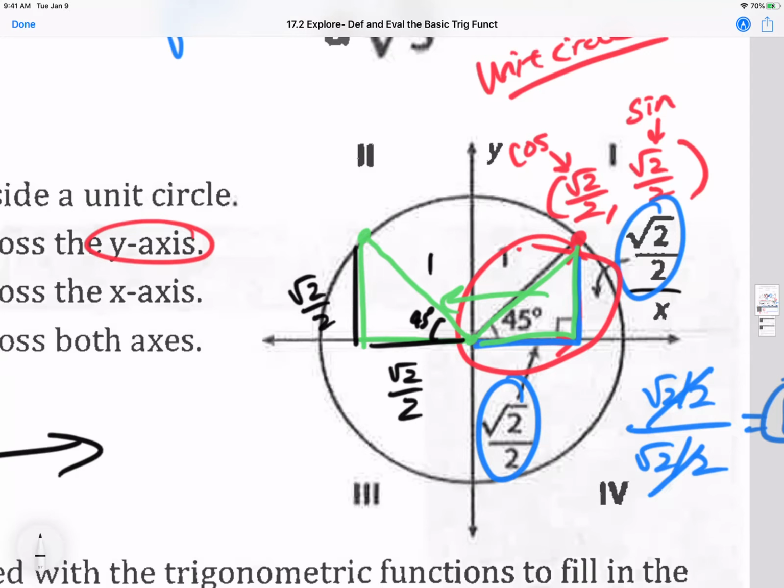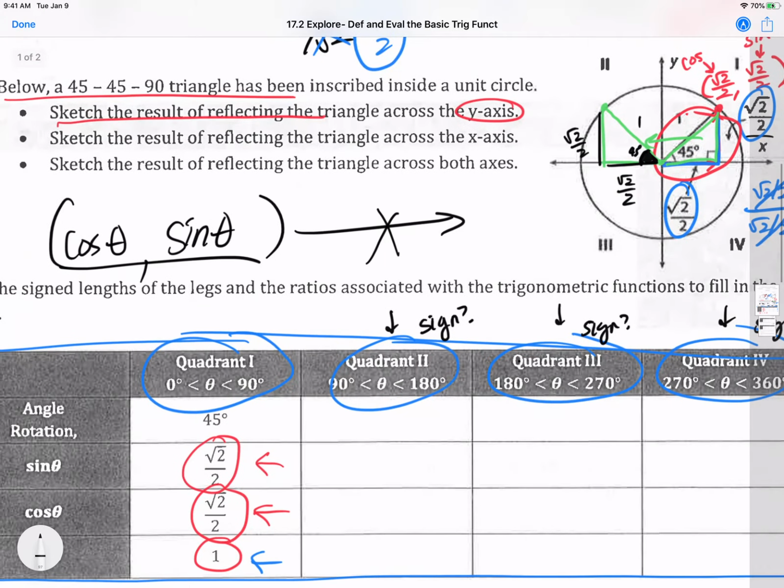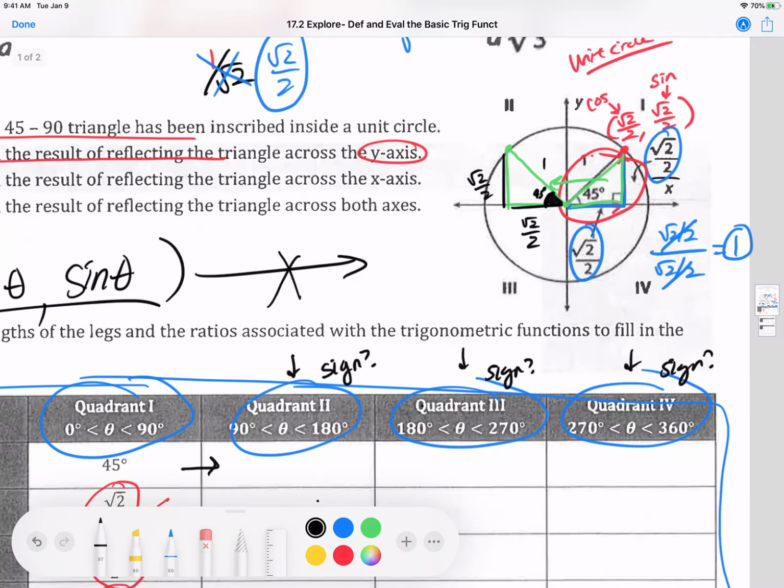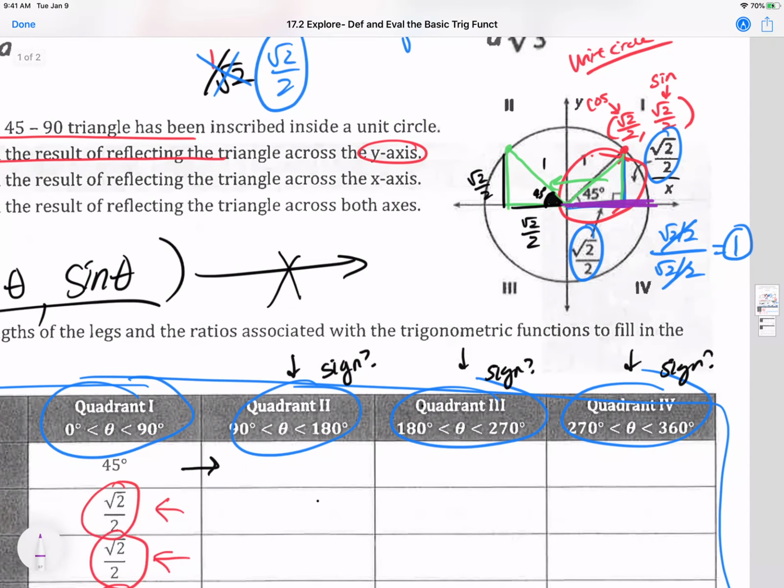Now, the first thing that they ask you to do is, what is going to be my angle? You guys always must understand that the angle starts from the 3 o'clock position, and it ends the terminal side at this radius right there. So that is the angle in purple that they're talking about.